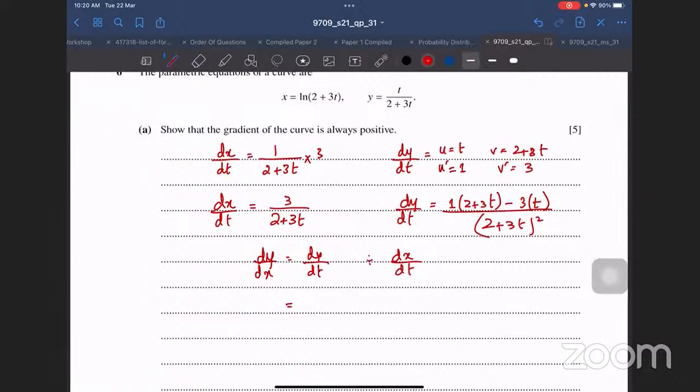dy over dt, if I simplify this, comes out to be 2 over 3 plus 2 plus 3t whole squared. The 3t and 3t get cancelled, leaving 2 over 2 plus 3t whole squared.